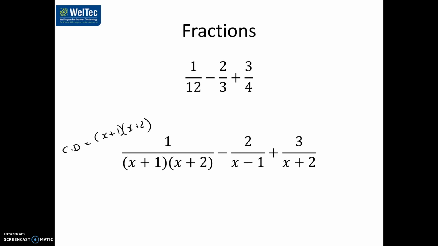The first term is fine. Now the second term only has x minus 1 on the bottom, so it has to be multiplied by x plus 2. If we multiply the bottom by x plus 2, we have to multiply the top by x plus 2. Then we're going to add 3.